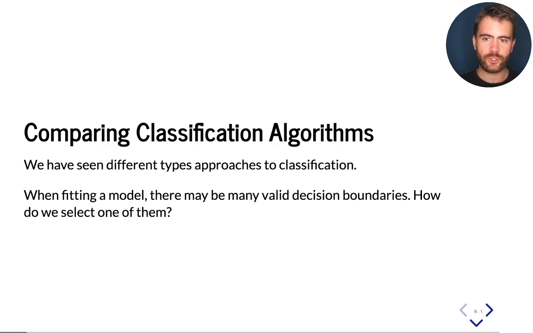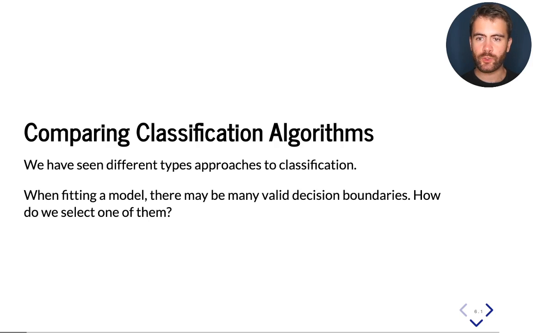Logistic regression will output one line, Gaussian discriminant analysis will output a different hyperplane, a different separating boundary between the two classes. And many other algorithms, including ones that we haven't seen, will output other types of boundaries.